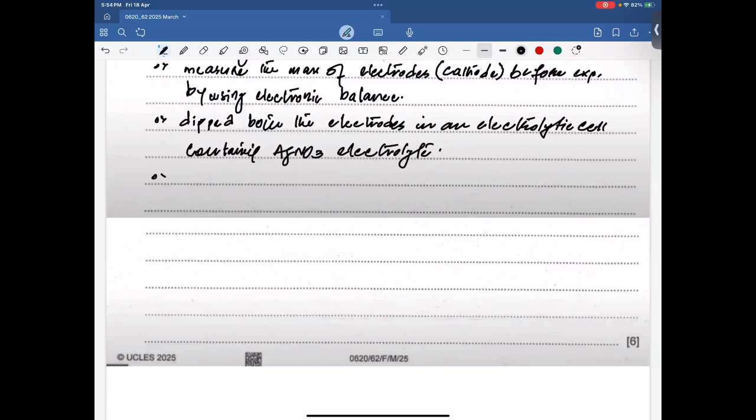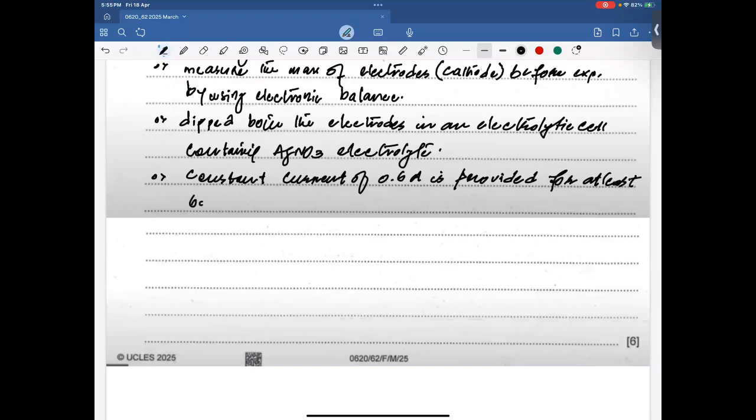I need to provide constant current of 0.6 ampere for at least 20 minutes. Constant current of 0.6 ampere is provided for at least 20 minutes.